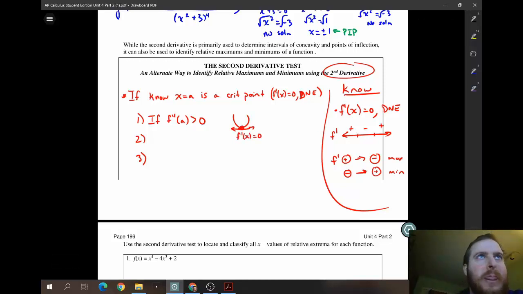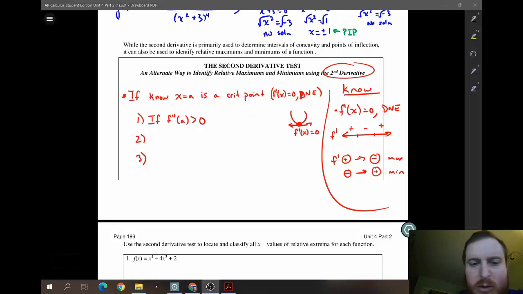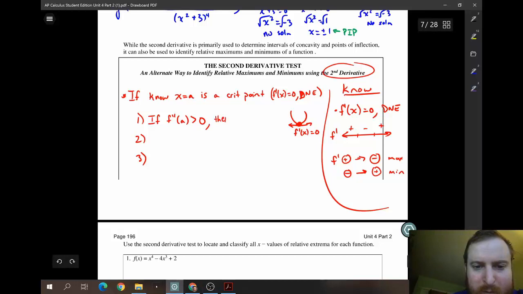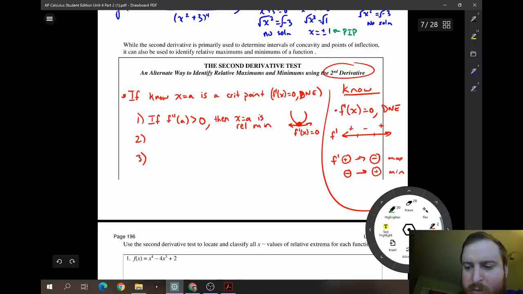So if f double prime is greater than 0, then this is a minimum. You can just see it from that picture. So I'm going to move the picture over. It's still important to draw. So if f double prime of a is greater than 0, then x equals a is a relative minimum.